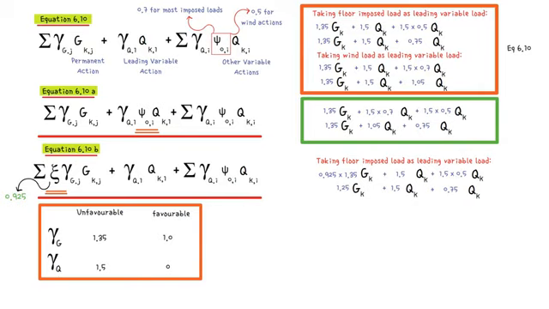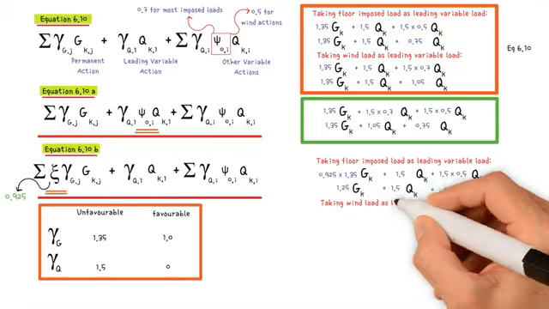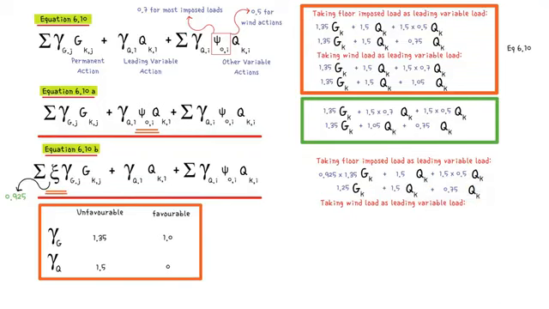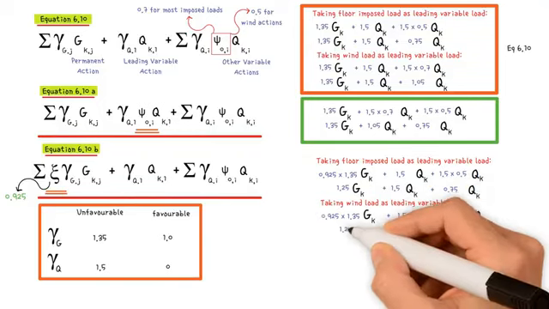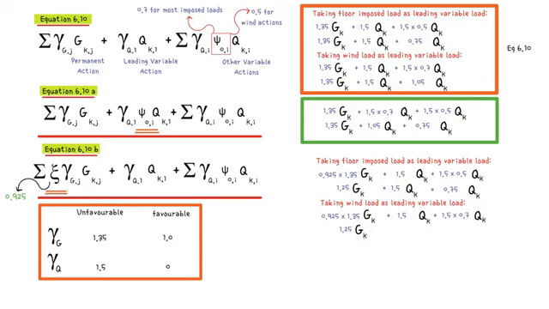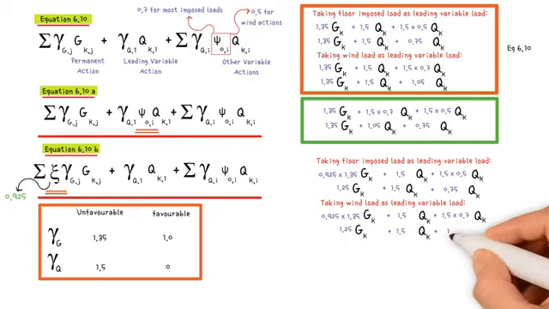Next, we'll consider two other possible situations. Now if we take the wind as the leading variable load, we will get 1.25 times the permanent action, plus 1.5 times the leading variable load, which is the wind load, plus 1.05 times the other variable load, which is the imposed load.